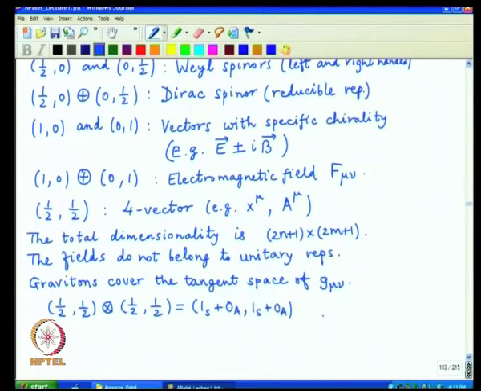The tensor product of two (1/2,1/2) representations gives the symmetric and antisymmetric parts.